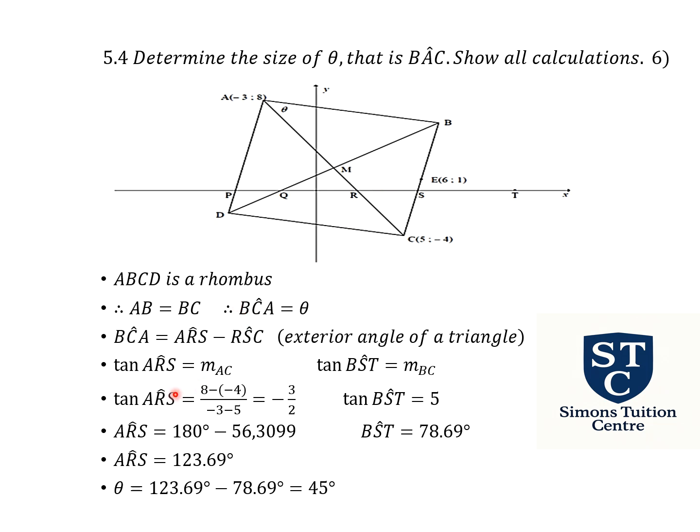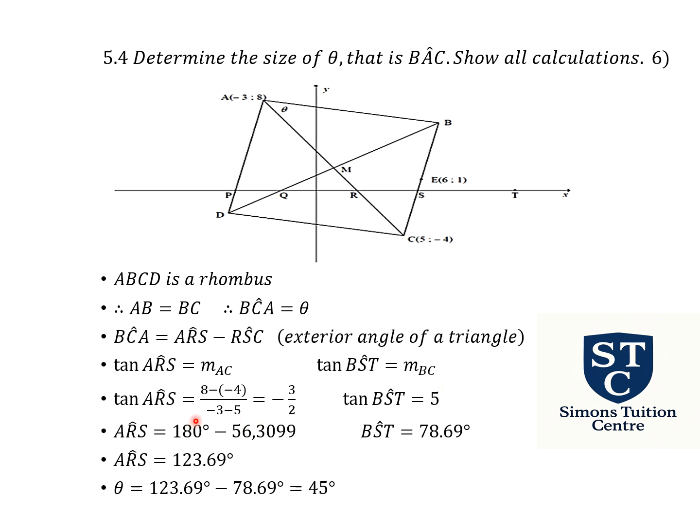Right? So to get the exterior angle, we're going to use gradient AC. To get the angle on the outside, remember they're vertically opposite. So when I get this one, I'm automatically getting the angle on the inside. So that equals gradient BC.